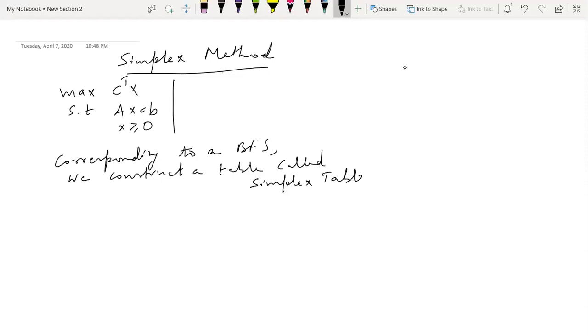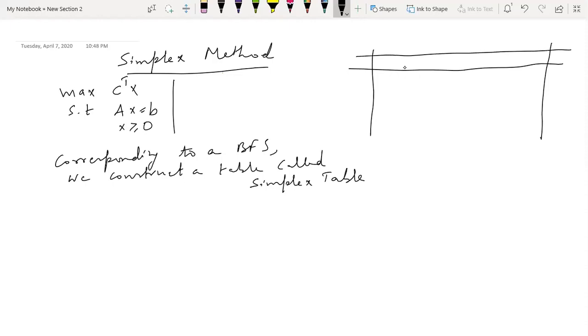What is the structure of this simplex table? Suppose you have n variables, so the variables are x1, x2, x3, and so on up to xn.